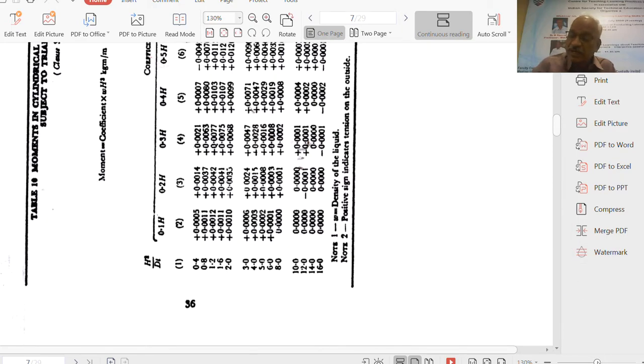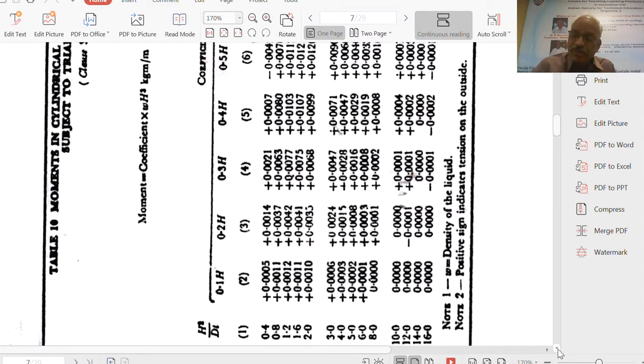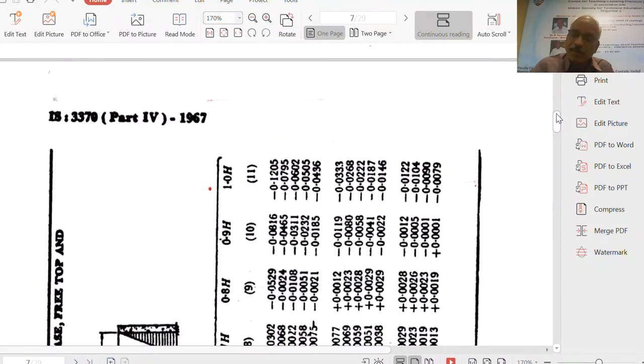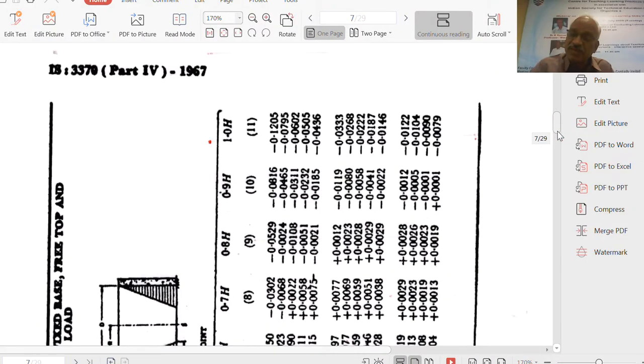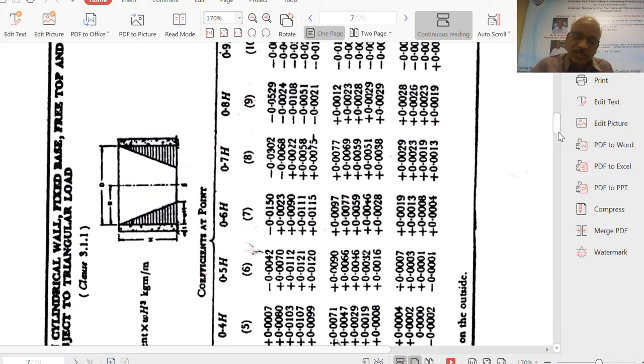I think the letters are clear. Now coming to the figure, because going to a design without these things is meaningless. This is the tank, and they have given the tank also. What is H? What is T?